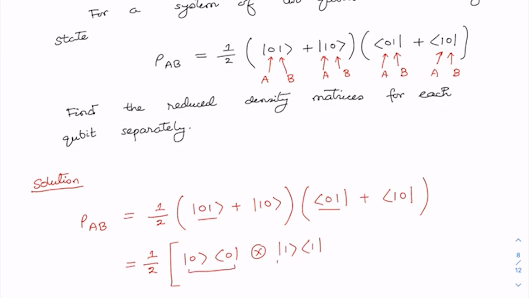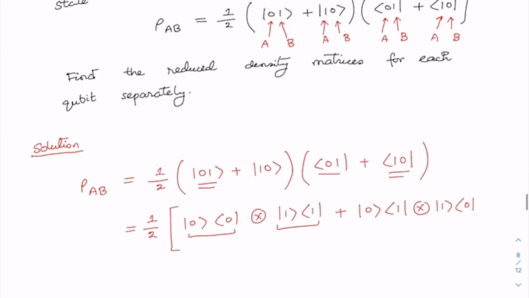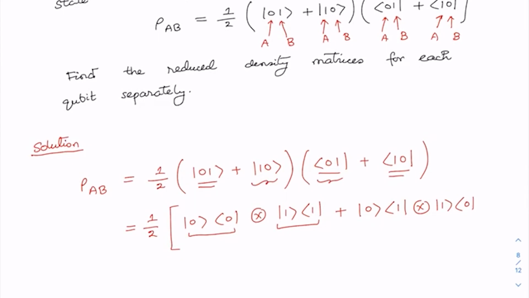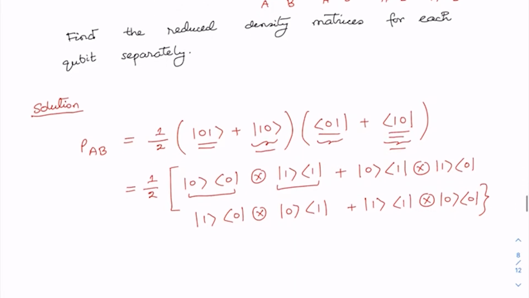So you see this is system A, this is system B. Similarly, now take this one with this one, then we'll have |0⟩⟨1| with |1⟩⟨0|, and now let me take the direct product of these two, then I will have |1⟩⟨0| direct product with |0⟩⟨1|, plus, now let me take this one with this one, I will have |1⟩⟨1| tensor product with |0⟩⟨0|.